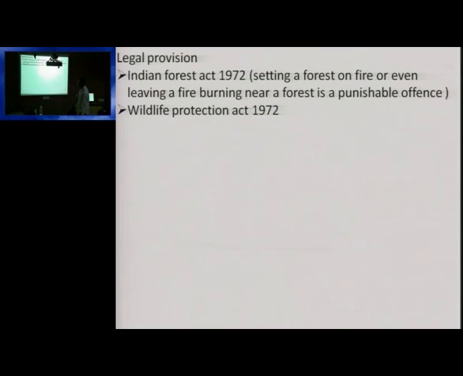See, legal provisions are, you have the Indian Forest Act and the Wildlife Protection Act 1972. These are very powerful legislation to control forest fire, because it's a punishable offense. But as we all know, in India, it is in the book, not practiced.